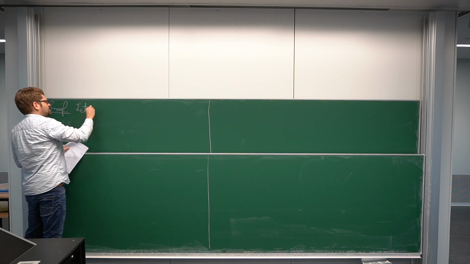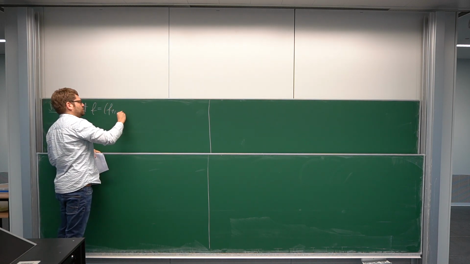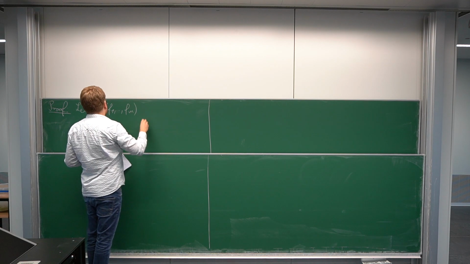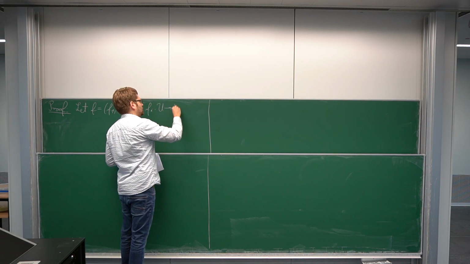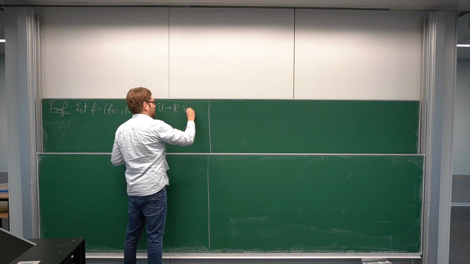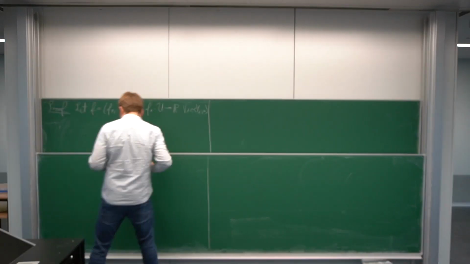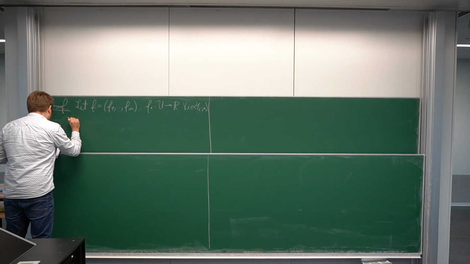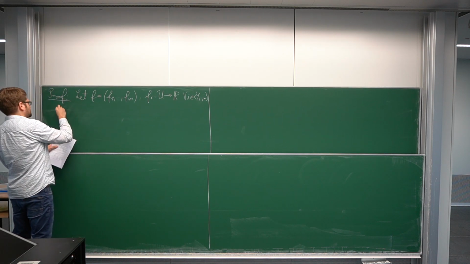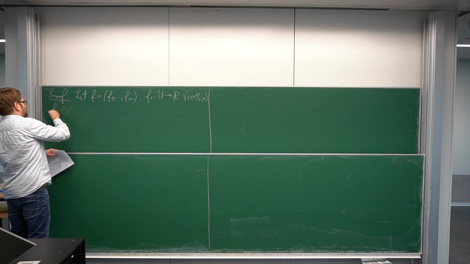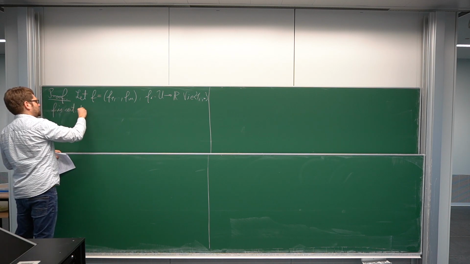Now, first of all, f is a map to R^m, so let's denote the component functions by f_1 to f_m. So f_i goes from U to R for all i between 1 and m. Now, with these functions, we use the continuous differentiability of f.